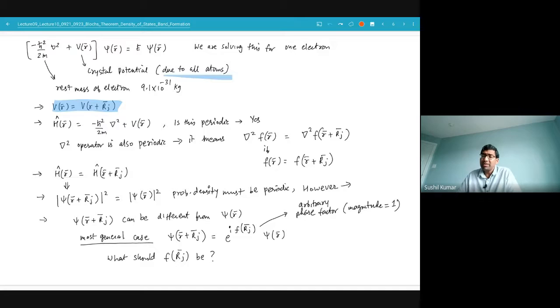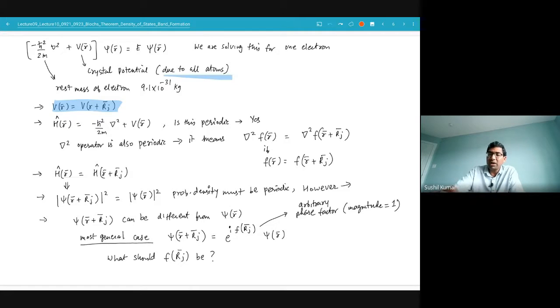So this is a differential equation, right? And I guess this is a hand-waving argument. I don't know the mathematical reasoning behind it, and I'm not sure if Bloch's theorem, the way he proves it, also has a mathematical reasoning behind this. So don't quote me on that.